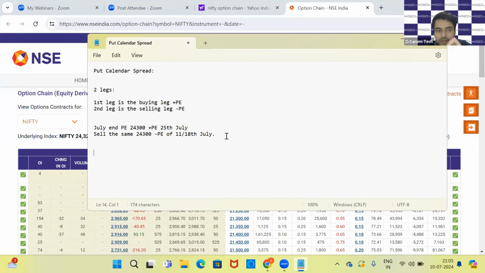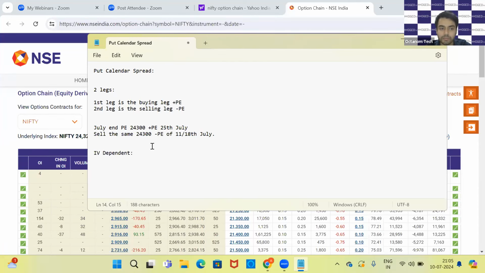Now, put calendar is a strategy which is IV dependent. Let's not go into the details of what exactly IV dependent is, but just remember this, that the payoff that comes in a put calendar spread depends on the IV. There is a factor that IV plays in it, right?